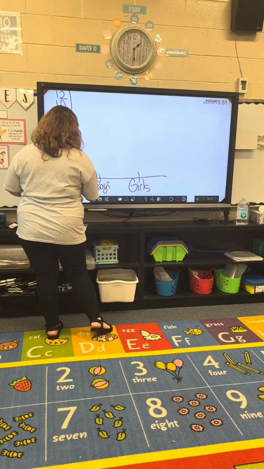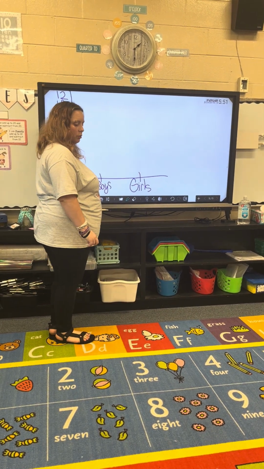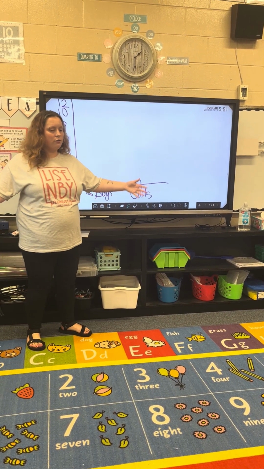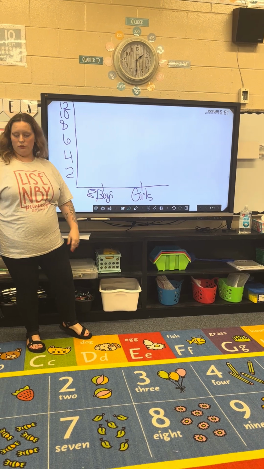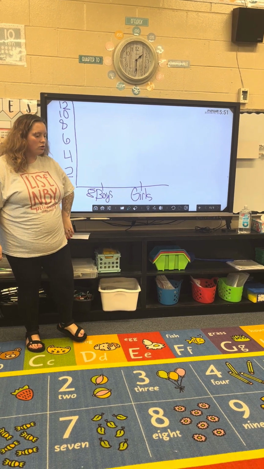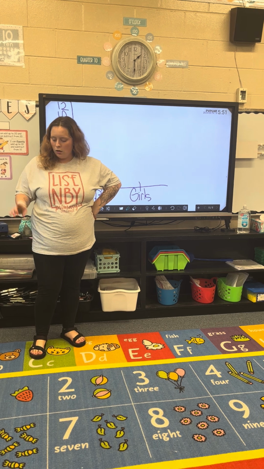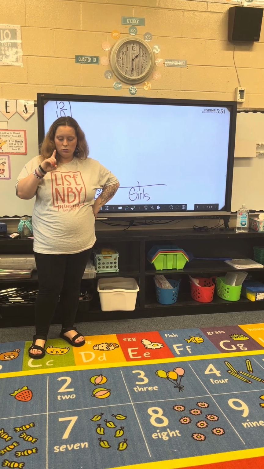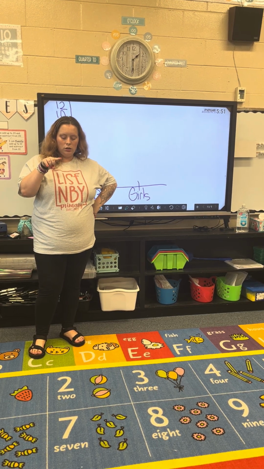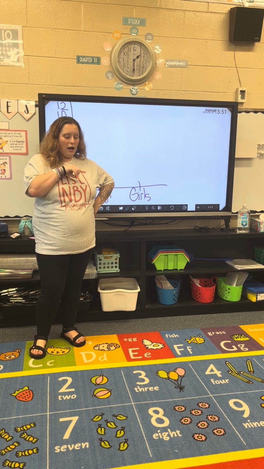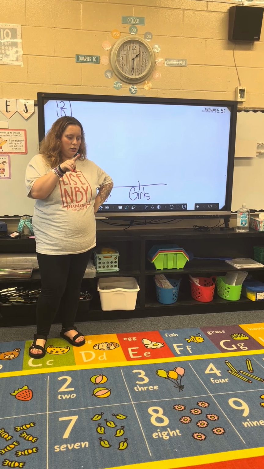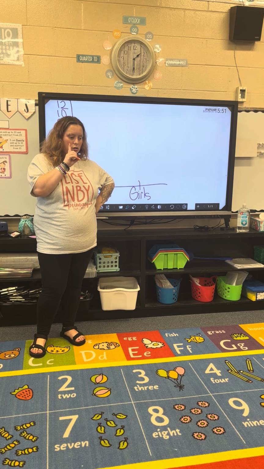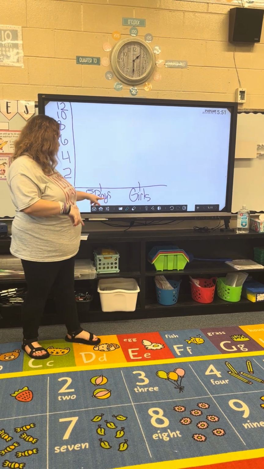So I'm just going to write 8 boys right here for now until we get all of our information, because we need all the information before we start drawing, right? Let's see, how many girls do we have in here? 1, 2, 3, 4, 5, 6, 7. So we have 7 girls.